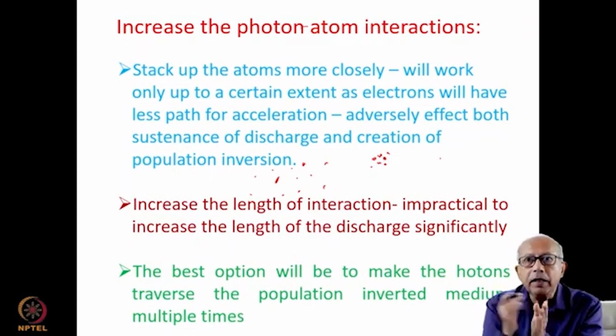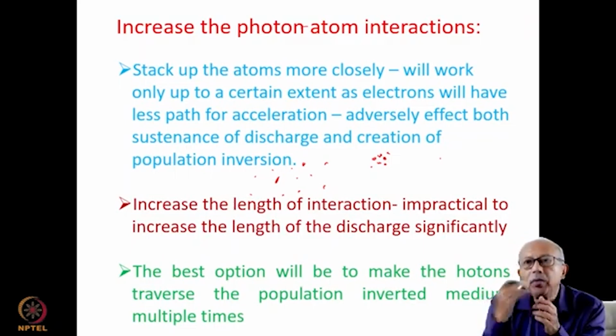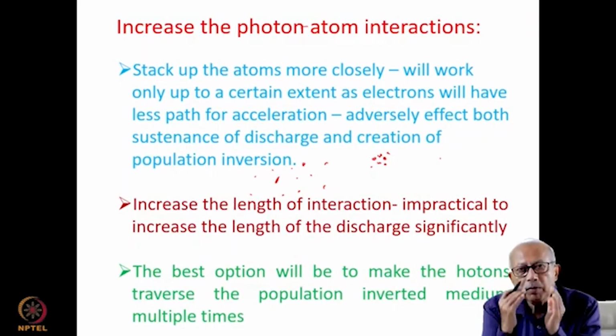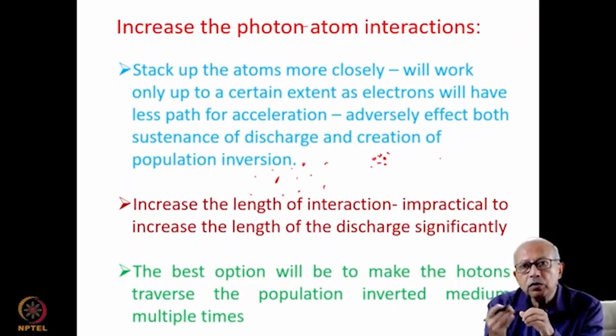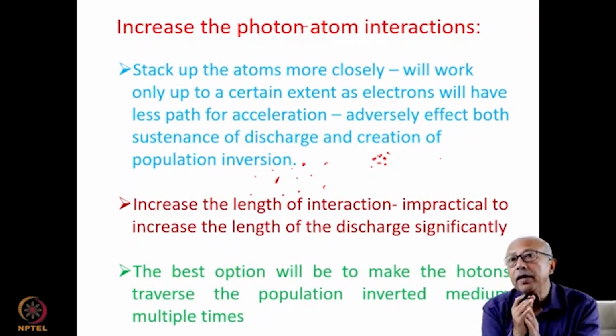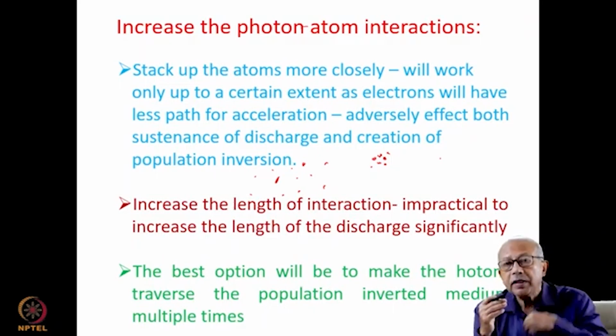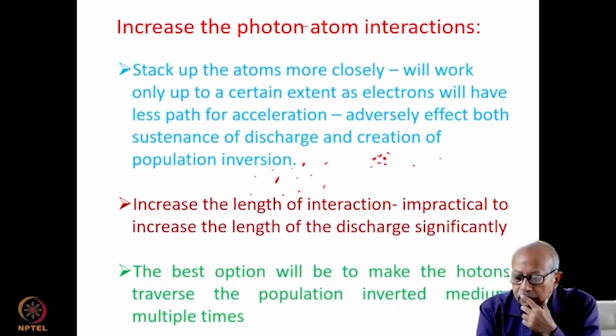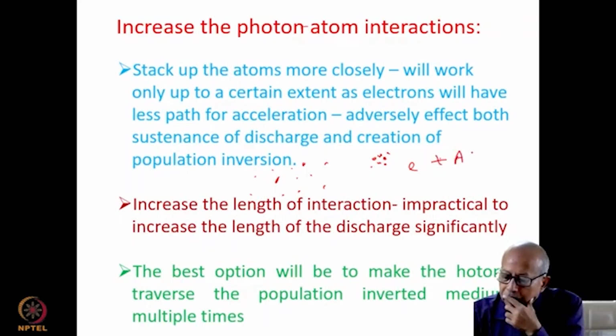And the electron needs to accelerate to acquire kinetic energy because it must have enough energy to cause further ionization, to sustain the discharge. Also, the kinetic energy is required for excitation, because we know that an electron with appropriate kinetic energy, when it collides with an atom, can result in ionization of the atom, where an additional electron is created.